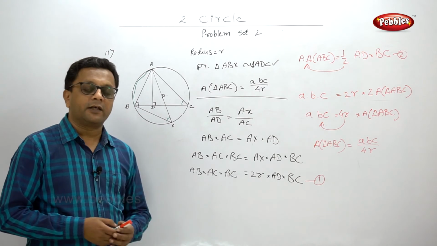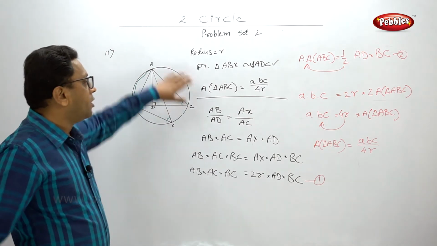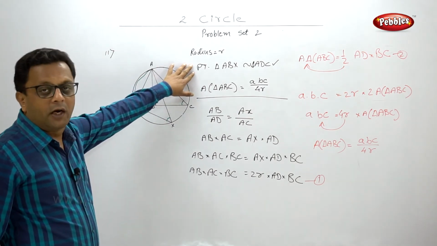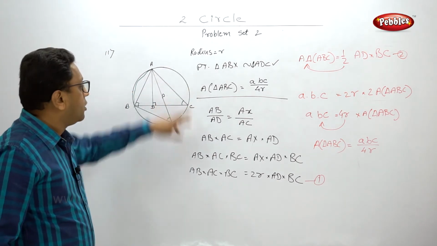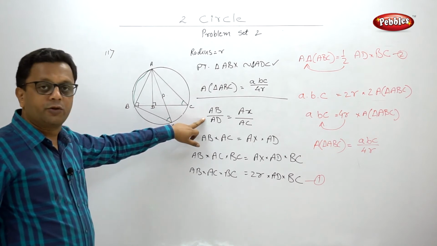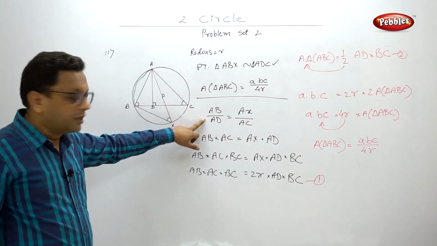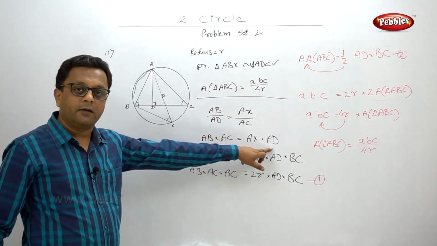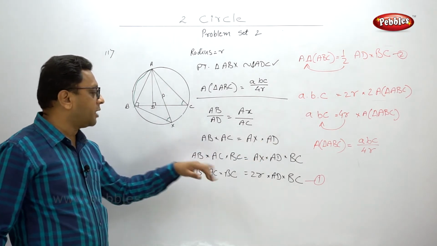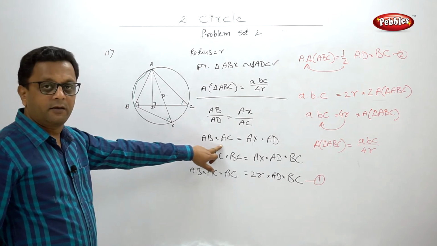Let us understand this once again. First we have proved that these two triangles are similar. Up to this it was very easy. After this I have taken the ratios from the similar triangles: AB into AC equals AX into AD. See, AB and AC are there.